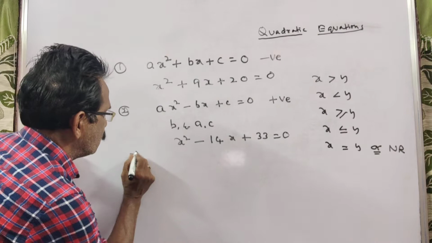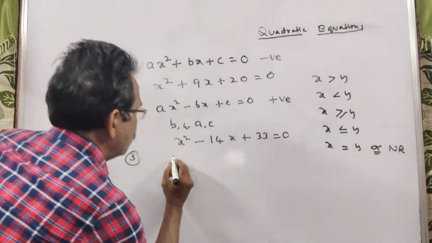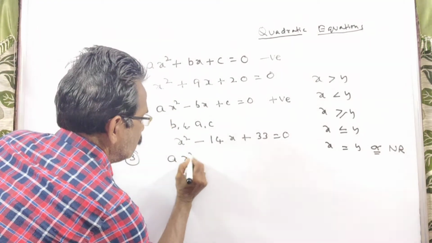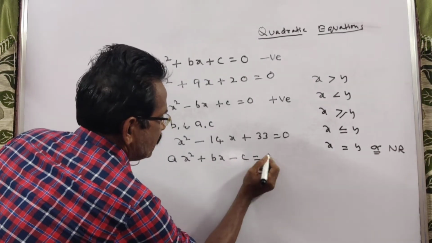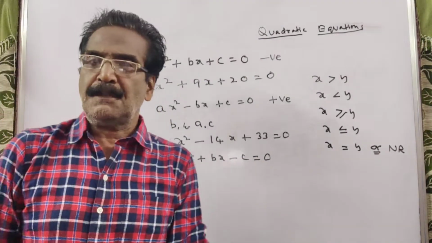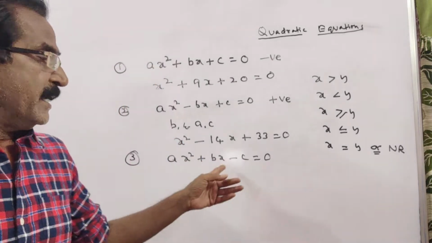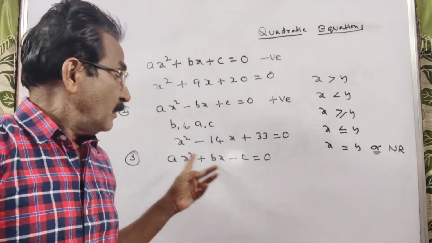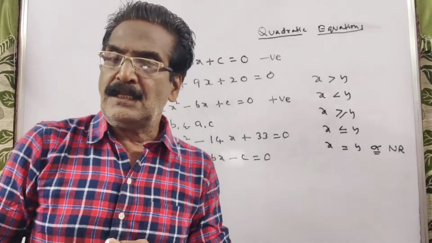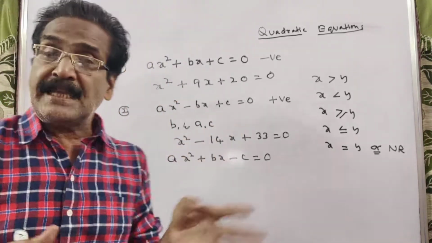Other than these two, that is, say, ax square plus bx minus c is equal to 0. If the given quadratic equation is in this format, not all a, b, c have the same sign.